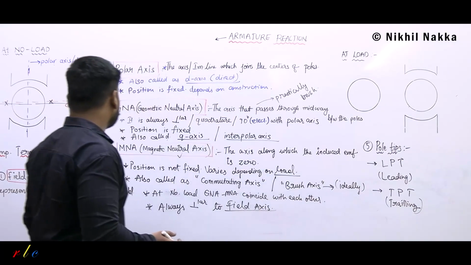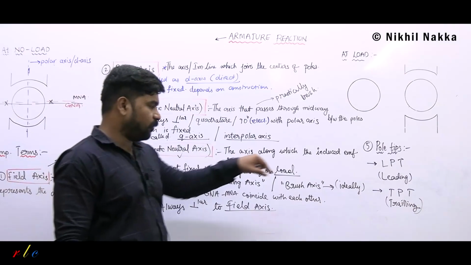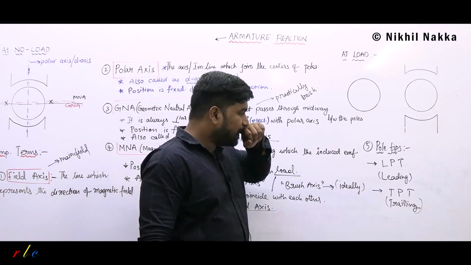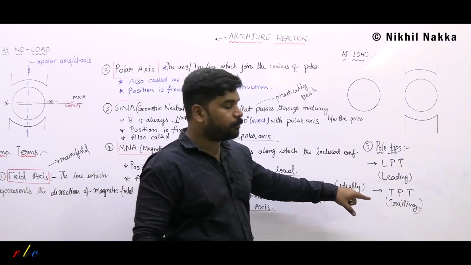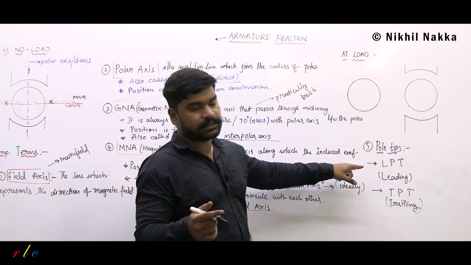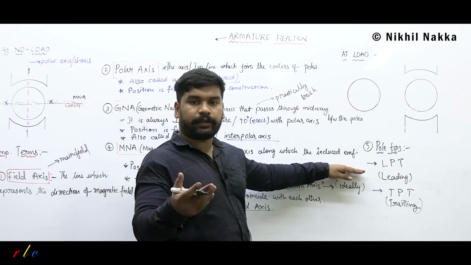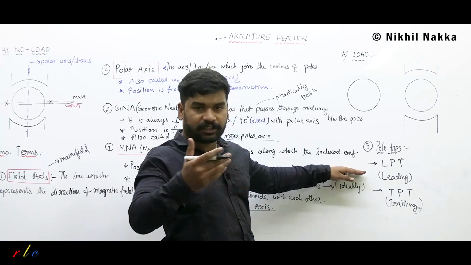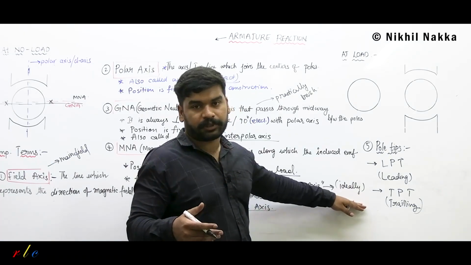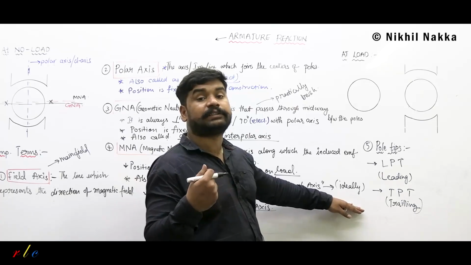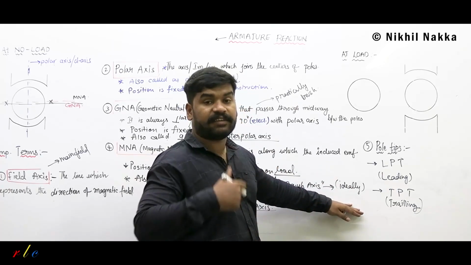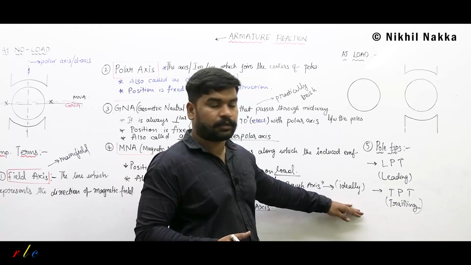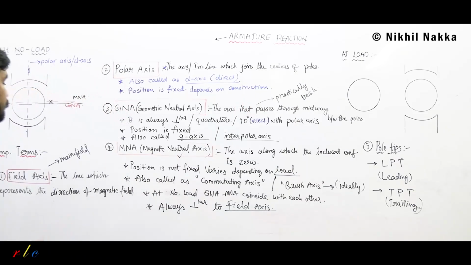Let me show you what they are, but before that, I will dictate the definitions. Please write down. Leading pole tip means the pole tip where the conductor enters the magnetic region under the pole. Trailing pole tip is the pole tip where the conductor leaves the magnetic region under the pole. So that is LPT and TPT.